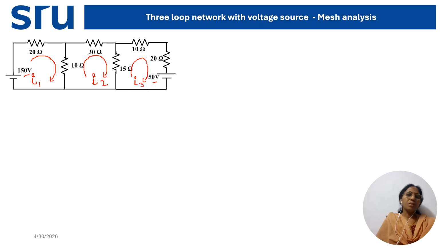So there are 3 loops, and we represent I1, I2, I3 currents in the respective loops. Then the second step is to apply mesh analysis, which is an application of Kirchhoff's voltage law. Here I am applying KVL in individual loops, so first in loop 1.